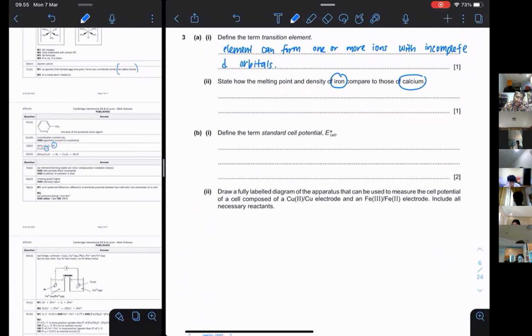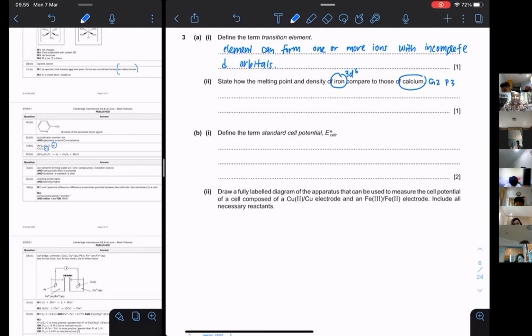Fe is in period number 3, and calcium is also in period number 3, group 2. Fe is 3d 1, 2, 3, 4, 5, 6, so 3d6. It means it is somewhere in the middle of period 3.